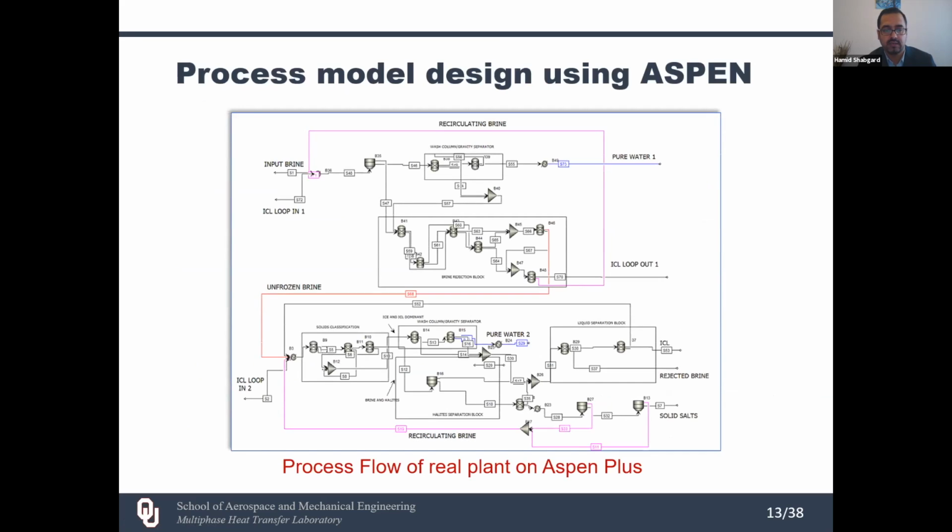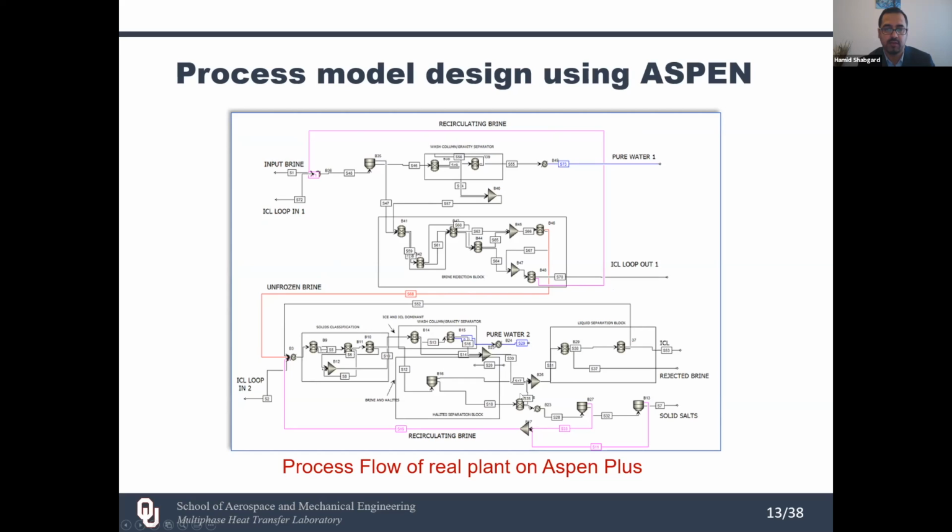So the tool that we developed for modeling this process consists of two softwares, Aspen Plus and OLI. OLI is a software that is very, very good at taking care of the chemistry of the solutions, but it cannot do the process modeling. So we combine OLI with Aspen. Aspen has a large library of all different process modeling units.